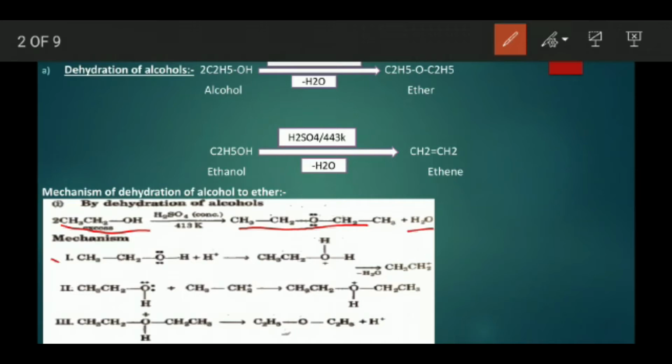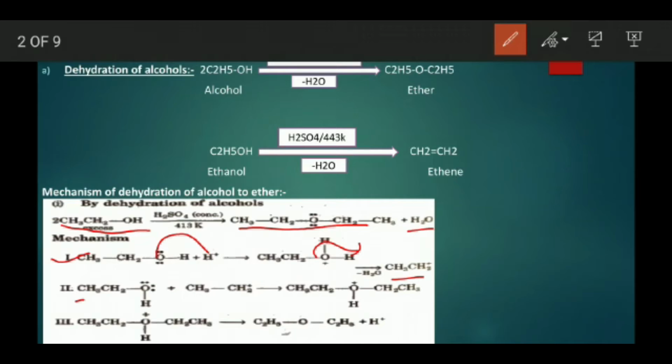Mechanism: first one, protonation. In this protonation, the lone pair of electrons of oxygen is donated to the hydrogen ion and forms this positively charged ion. From this positively charged ion, water is eliminated and it forms this carbonium ion, a carbocation.